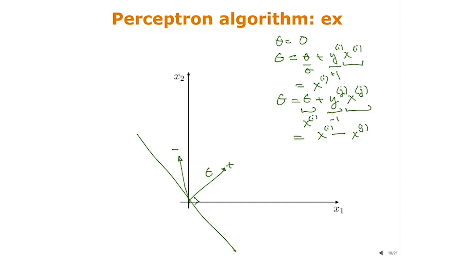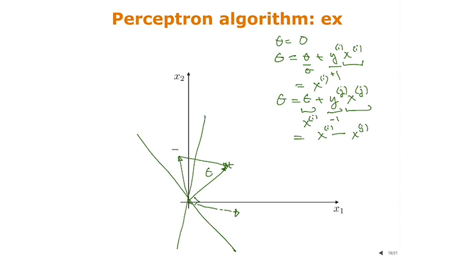That would be the vector going from the negative to the positive labeled point. If we transport that parameter vector to the origin, the new parameter vector after the two updates is here, and the corresponding decision boundary is orthogonal to that.